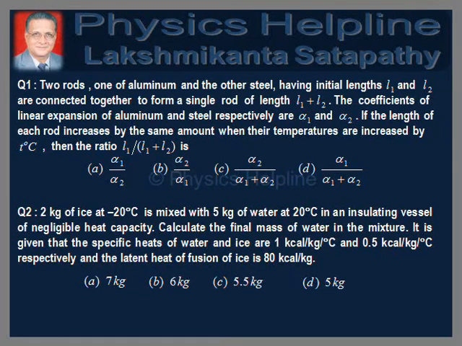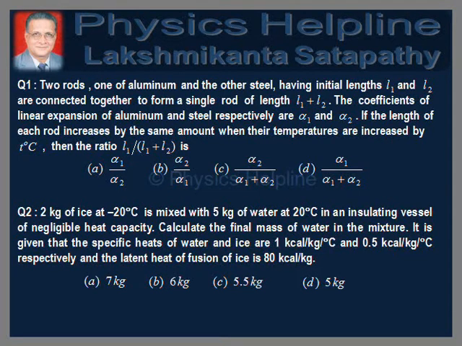If the length of each rod increases by the same amount when their temperatures are increased by T degrees C, then the ratio L1 by L1 plus L2 is: the options are alpha 1 by alpha 2, alpha 2 by alpha 1, alpha 2 by alpha 1 plus alpha 2, and alpha 1 by alpha 1 plus alpha 2.